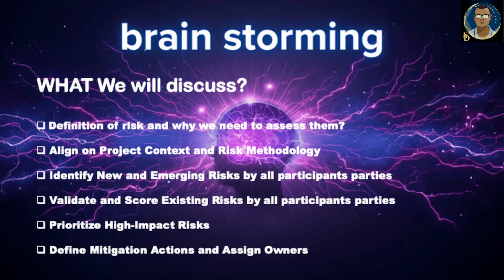Then we will validate the score of existing risks by all participants and parties. Then we will prioritize the high impact risks to mitigate, define mitigation actions and assign the owners who are responsible to mitigate and identify the risk.